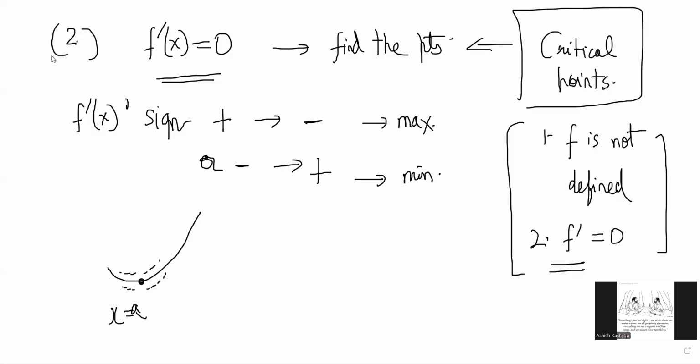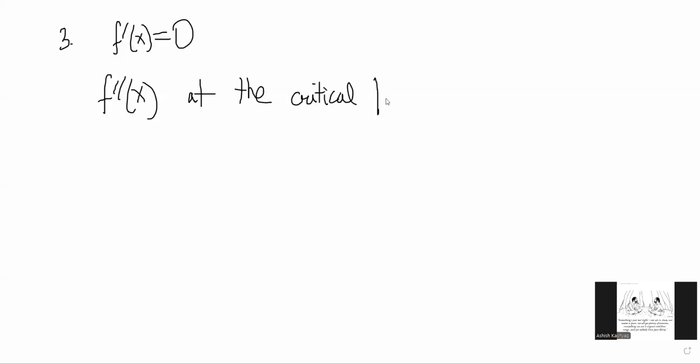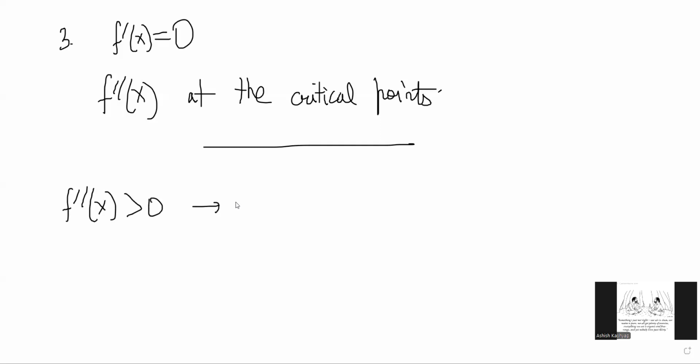The other method is f dash x is equal to 0, find the double derivative at the critical points. At the critical points, if you find the double derivative, if the double derivative is greater than 0, it's a minima.